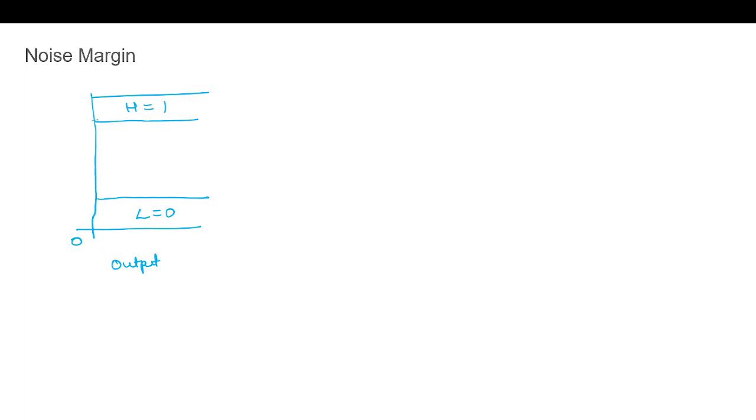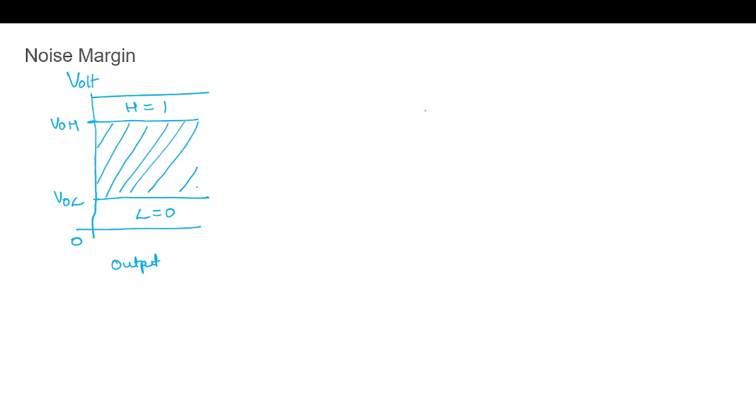This point we call VOH, output high, and this VOL, output low. This is the region in between, and this is in volts.